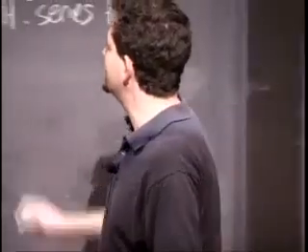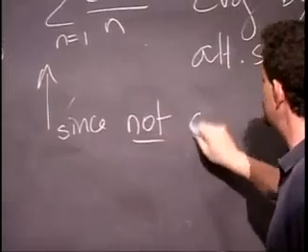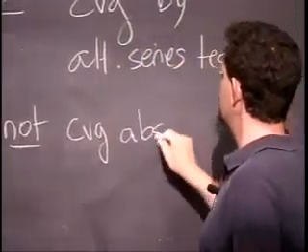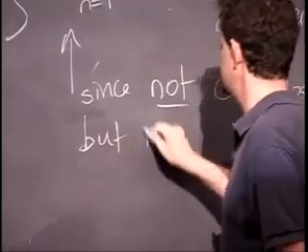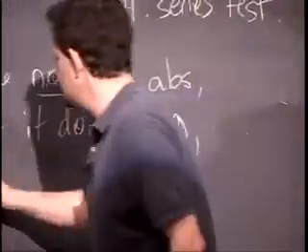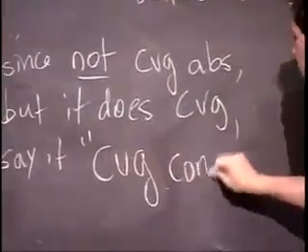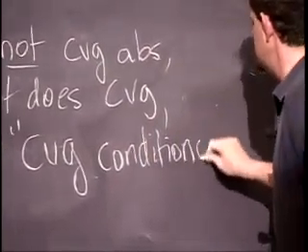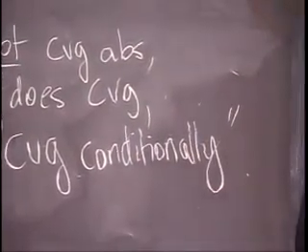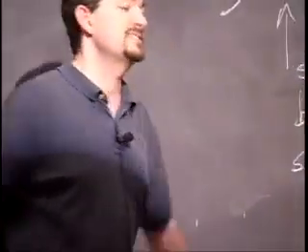So since it does not converge absolutely, but it does converge, we say it converges conditionally. Conditionally means it only converges because of the minus 1 to the n. Conditional on that. If it weren't there, we'd be screwed. It would diverge.